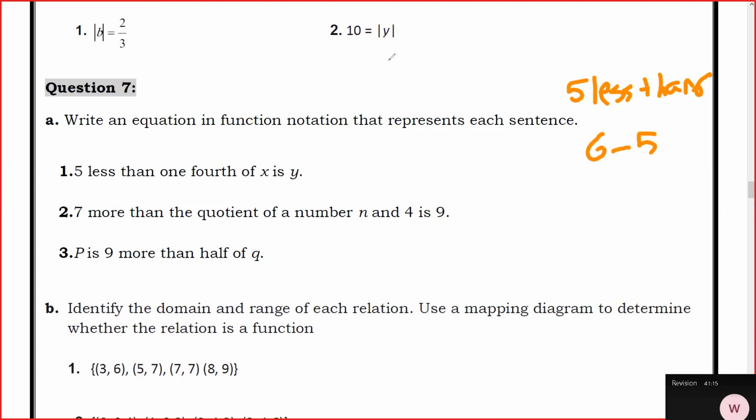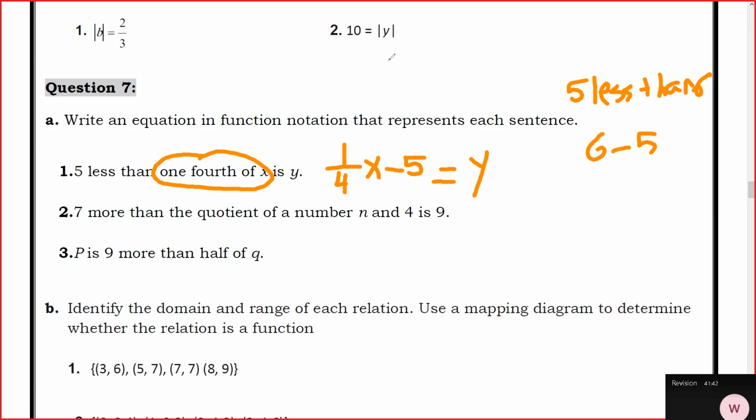So 5 less than 1/4 of x means 1/4 of x minus 5 is y. This is how I write an equation in function notation. Is it clear? Yes.